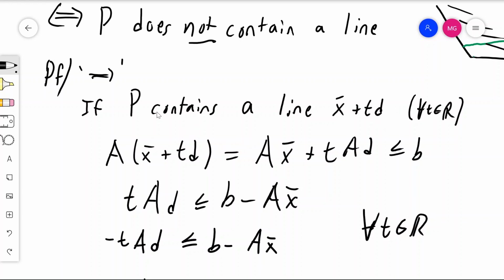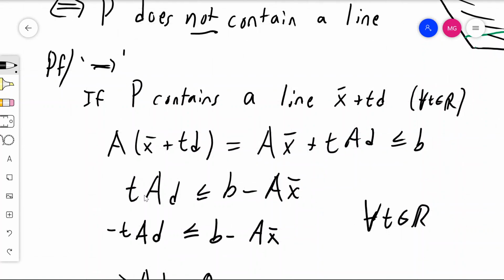If this polyhedron contains this line, then what that means is that A times (x bar plus td) is less than or equal to b. It satisfies the constraints. I can distribute the A in, and I get A x bar plus tAd is less than or equal to b, because we must satisfy the constraint to be in the polyhedron. Then I isolate the tAd part: tAd is less than or equal to b minus A x bar.